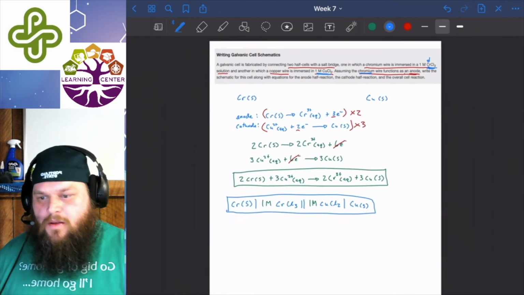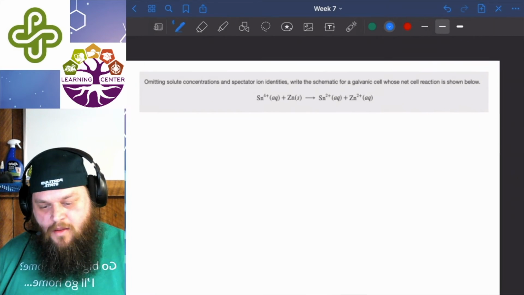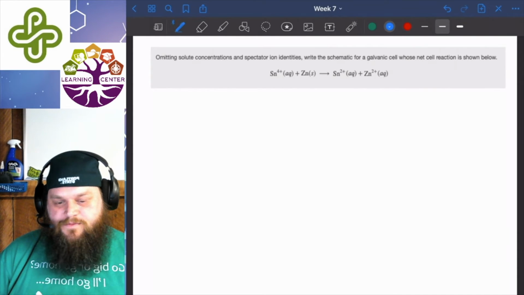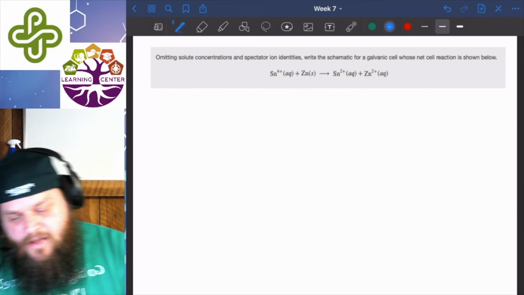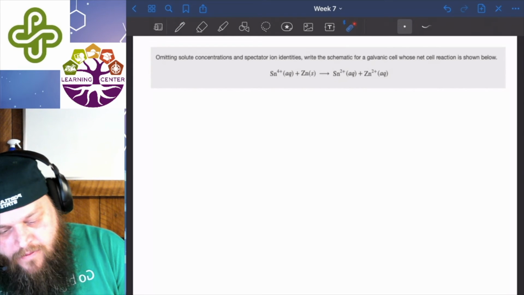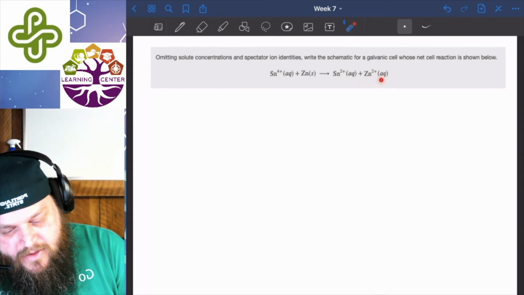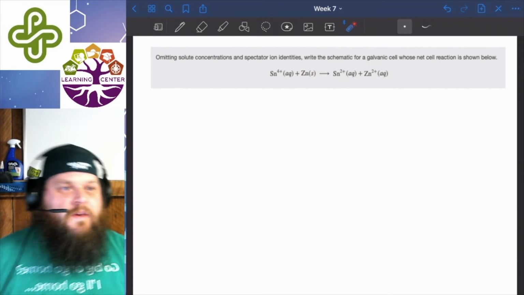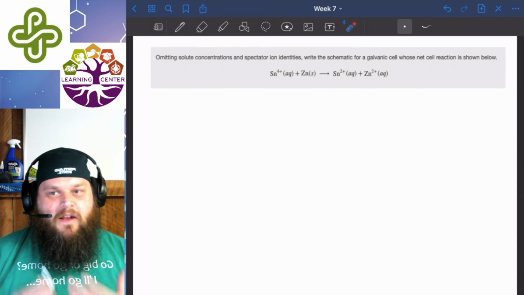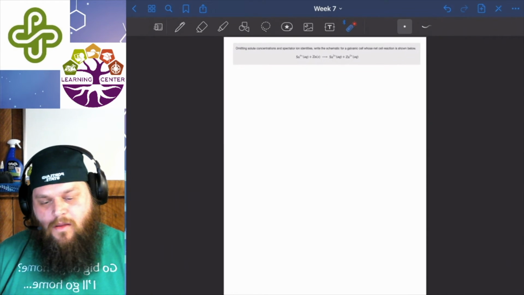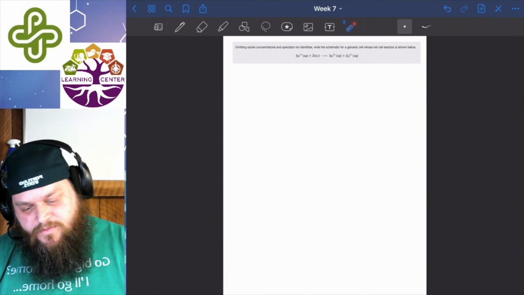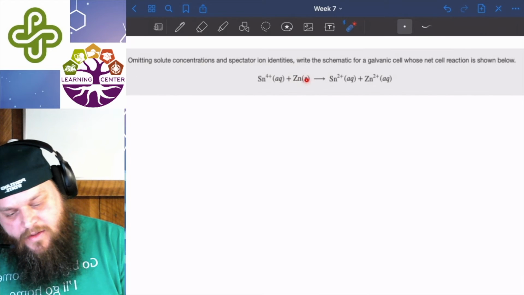So let's try another one. Here they're going to give us that chemical reaction, but we need to figure out the right cell notation for everything. Notice in this case that we have Sn2+ and Zn2+, Sn4+ and zinc solid. So the zinc goes from a solid to an aqueous ion, so it's going to be acting as what we call an active electrode.